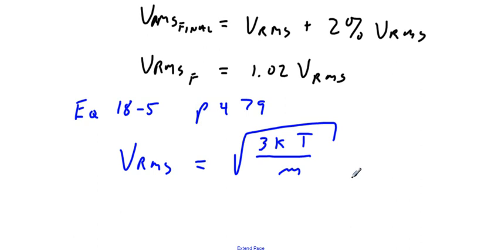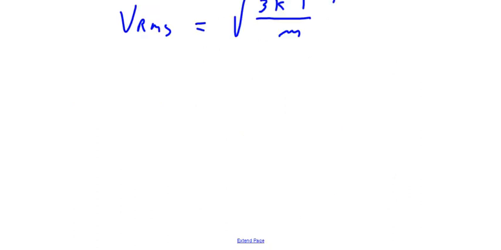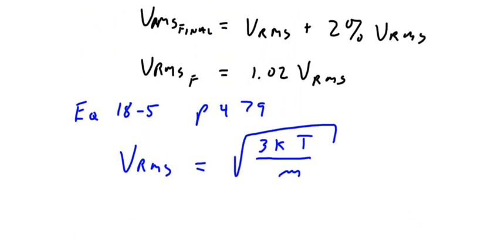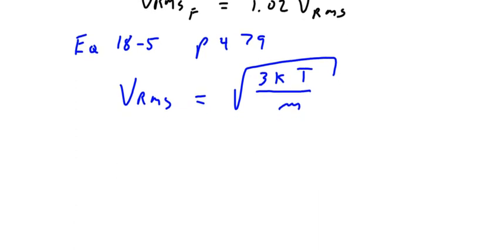All right, and so that's interesting. And now we want to find the new speed. K is the Boltzmann constant, T is in Kelvin, and m is probably the mass, I would imagine.